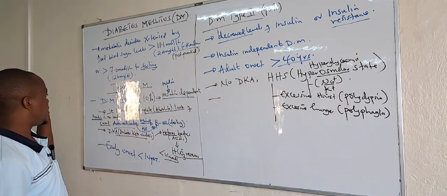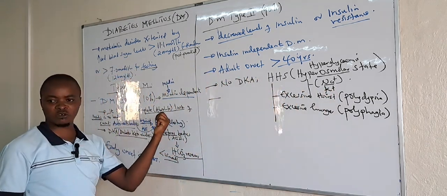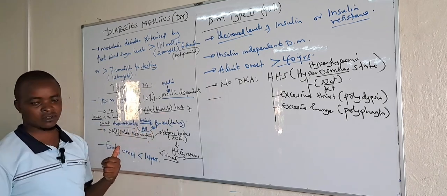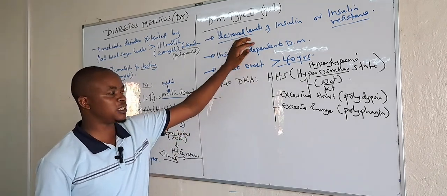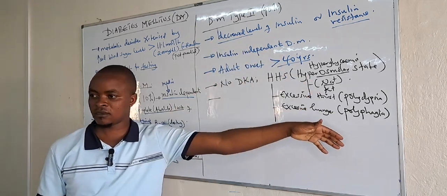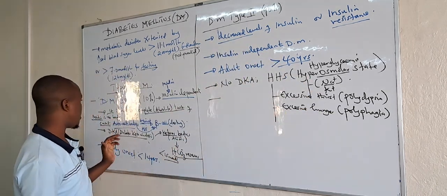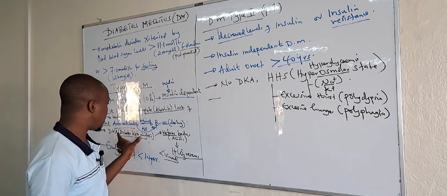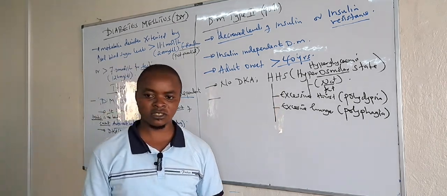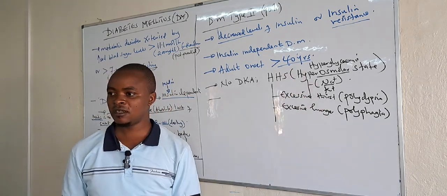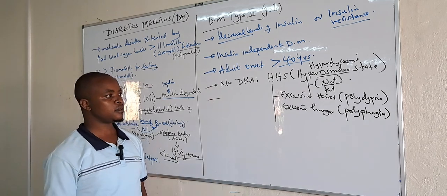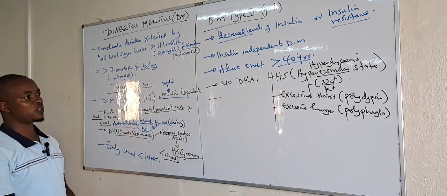Type 1 is due to complete lack of insulin, from destruction of beta cells by autoantibodies. Type 2 is due to decreased insulin levels or insulin resistance. Type 1 can lead to DKA, diabetic ketoacidosis, while here we have HHS, the hyperglycemic hyperosmolar state. And these are the things we can expound on diabetes mellitus.